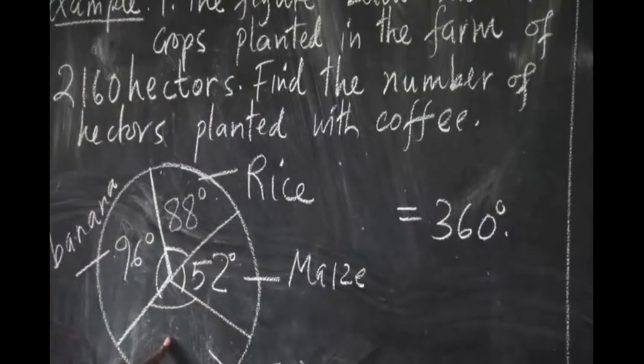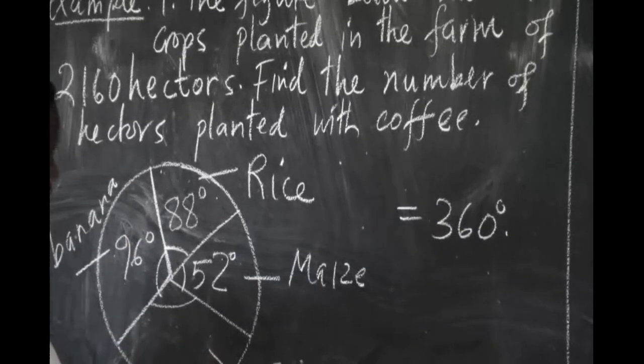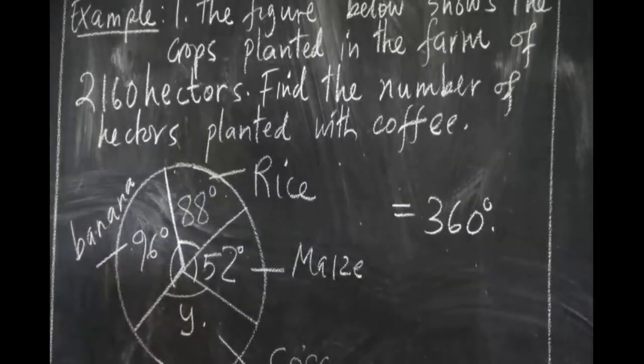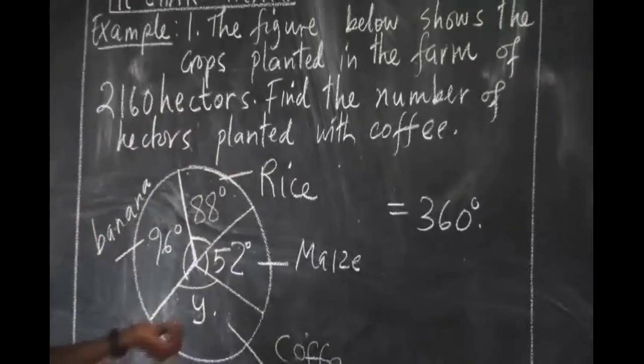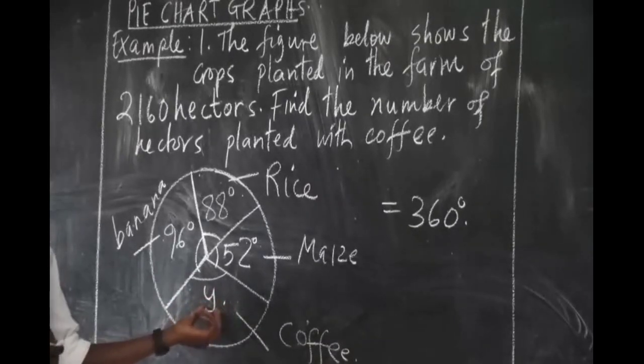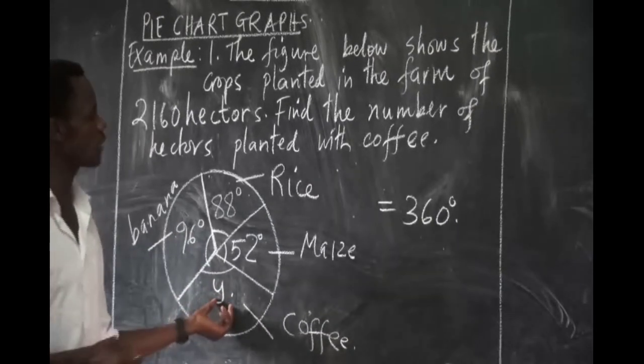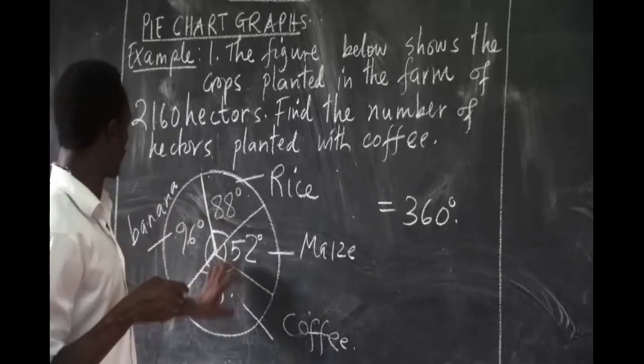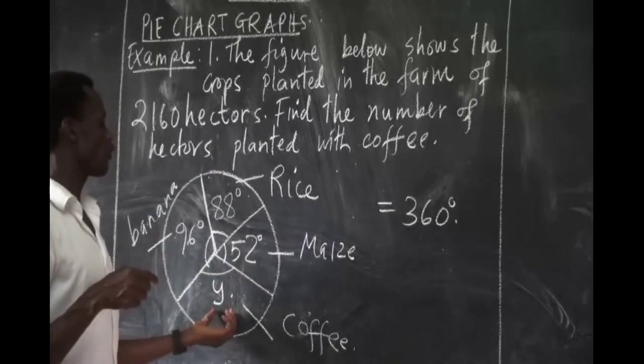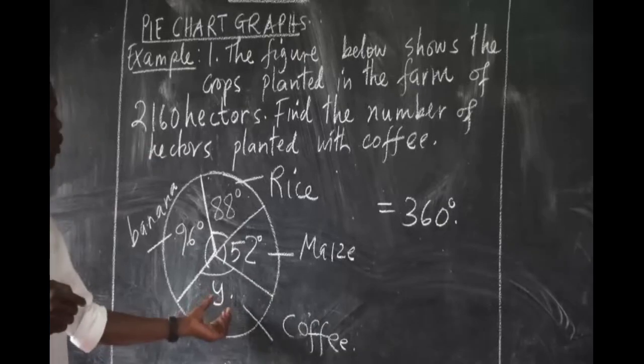Now, let us say coffee is represented by letter Y. We are looking for what is missing here. But before we do anything about the hectares planted with coffee, we need to find out the value of the degree that represents coffee.